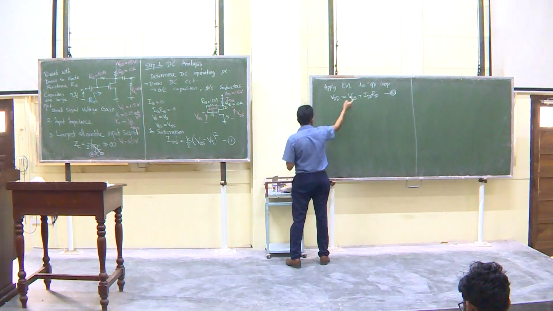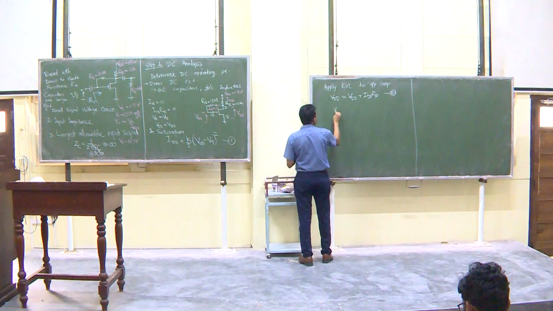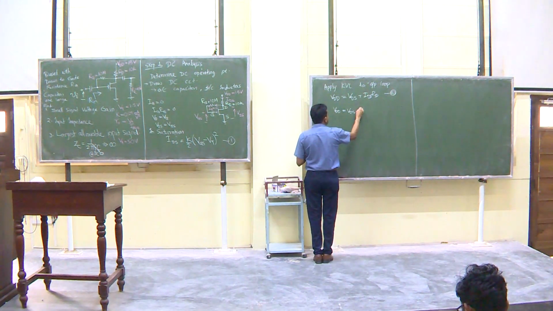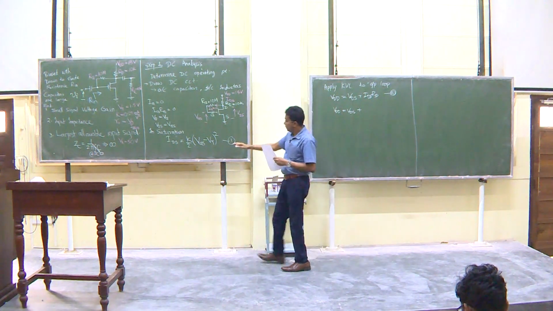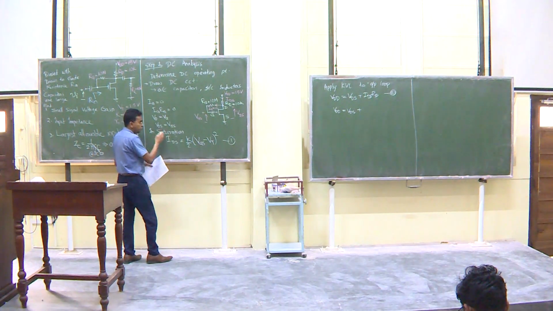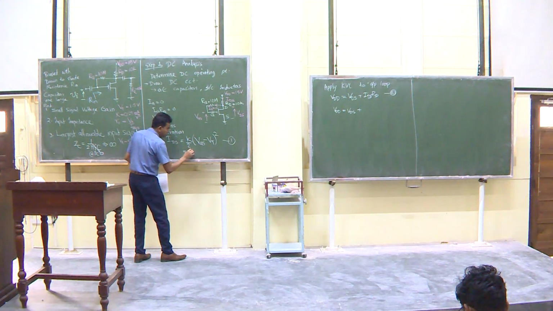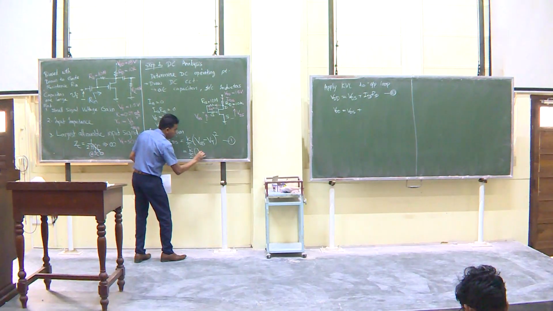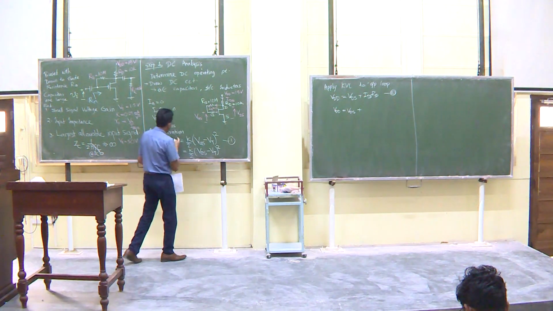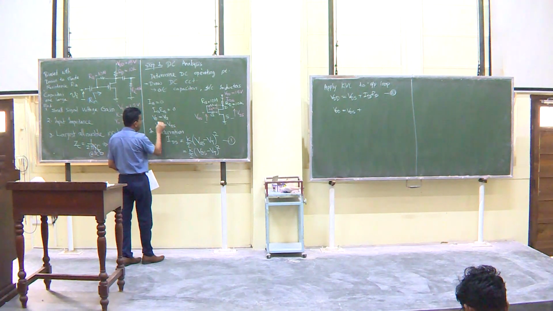So, if I substitute ID from there, I get VDD is equal to VDS plus IDS RD, but VGS is equal to VDS, right. Therefore, ID is also equal to K divided by 2 times (VDS minus Vt) squared.